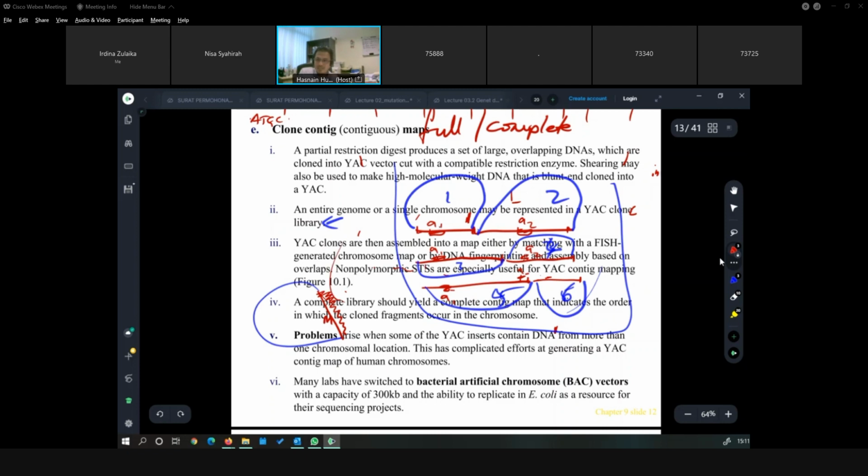When I do the sequencing later on, I will be able to tell that this one belongs to the left because it has the marker over here. So that is why it is important. The marker will determine the relative position, determining where it should be.